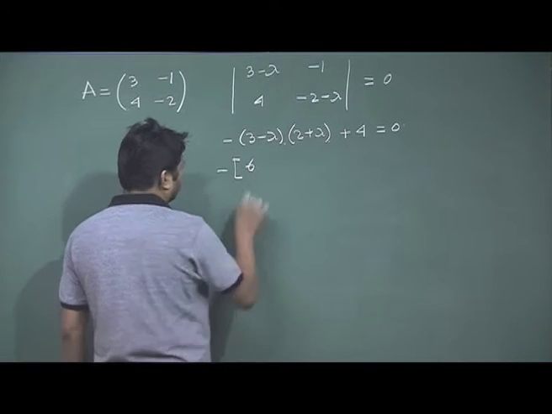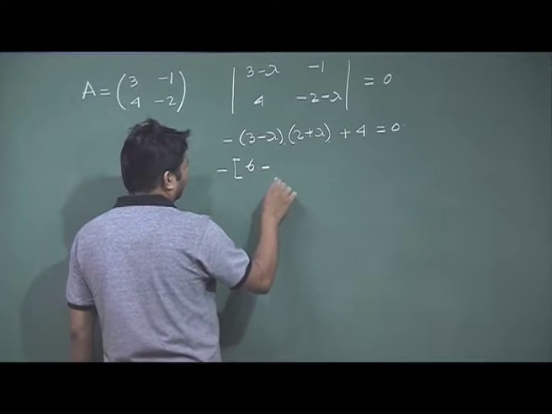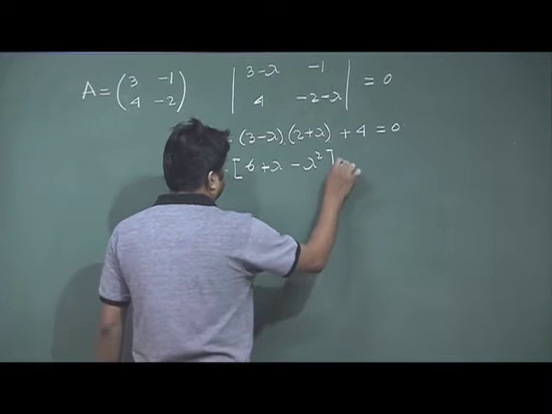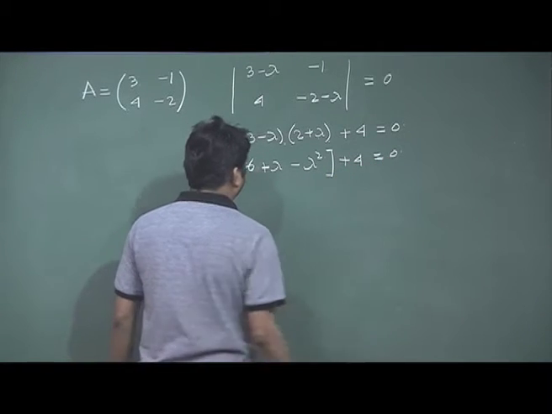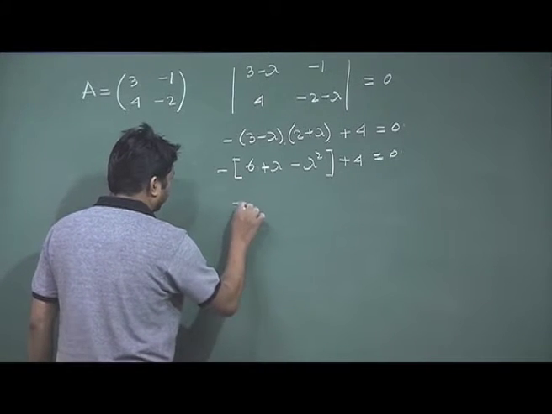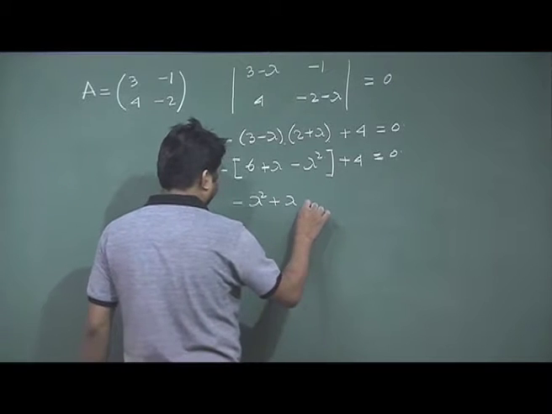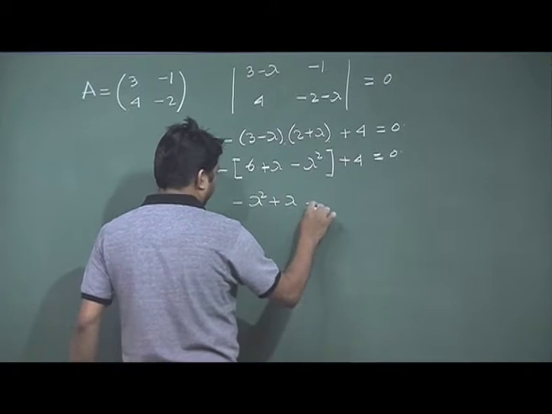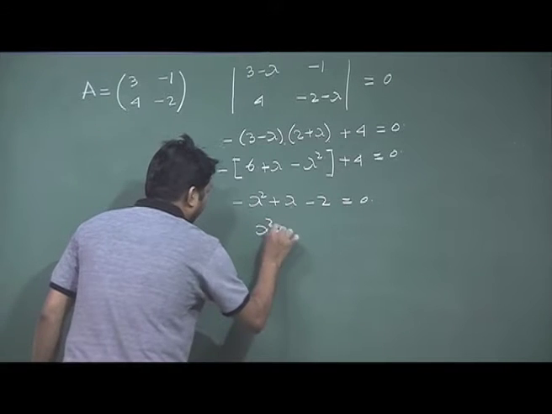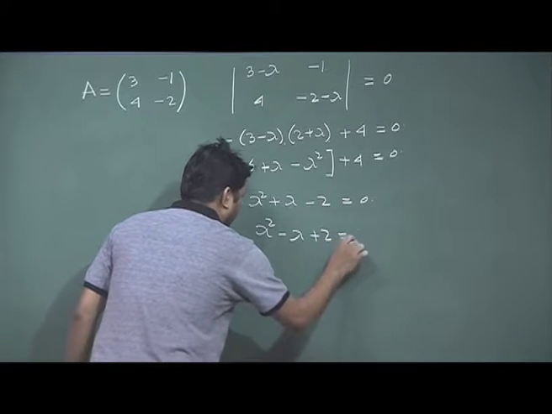Here I have minus 6 and then minus lambda square plus 4 equal to 0.